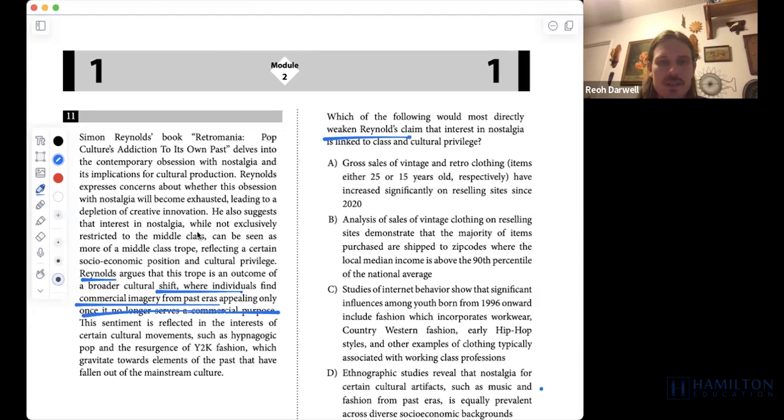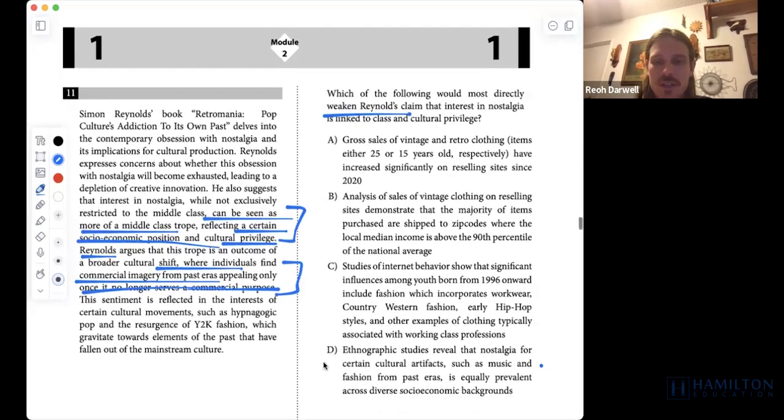He also suggests that it is a middle-class trope reflecting socioeconomic position and cultural prestige, right? So if we can refute this or refute this, we're good. D refutes the socioeconomic claim up here, right? So if we're doing that, we have that refutation, it's good. Unless there's an answer choice which refutes both.